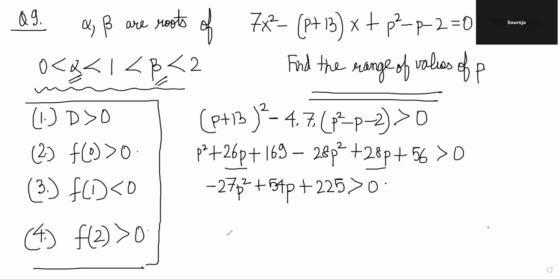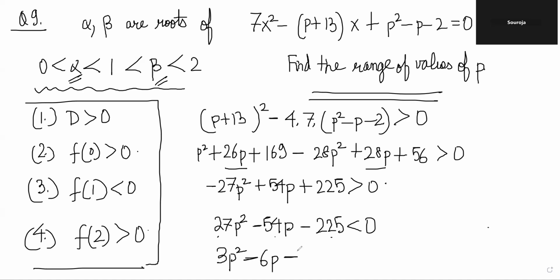We can multiply by minus 1 to make the first term positive, but then we'll have to reverse the inequality, so it's less than 0. And then you can see that it will be divisible by 9 everywhere, so I'll divide by 9. This is coming as 25.